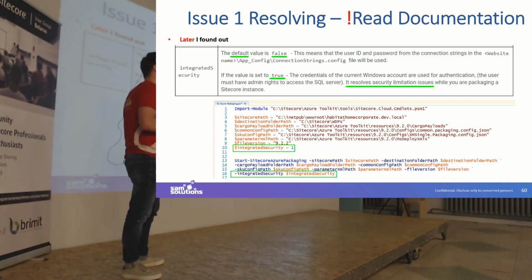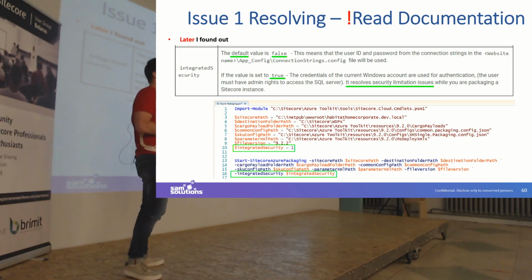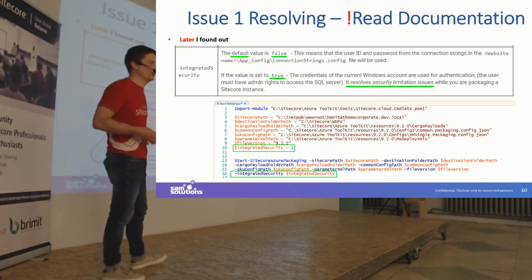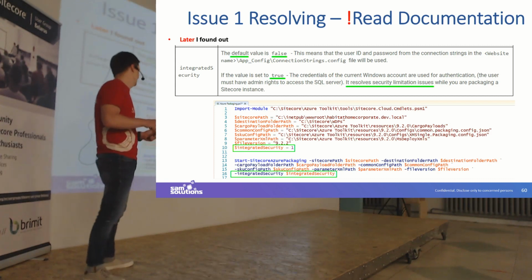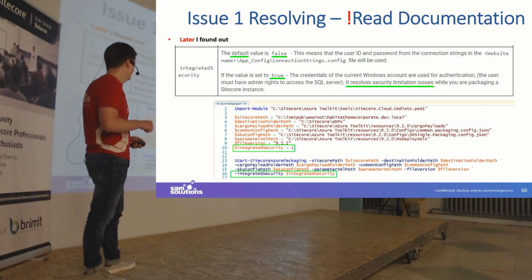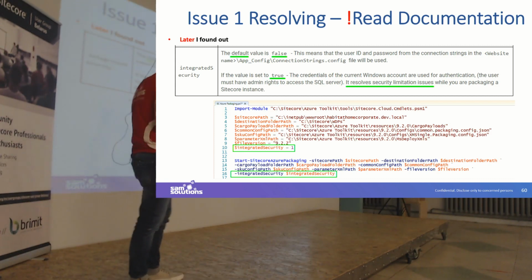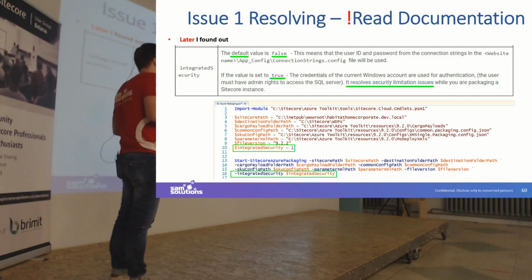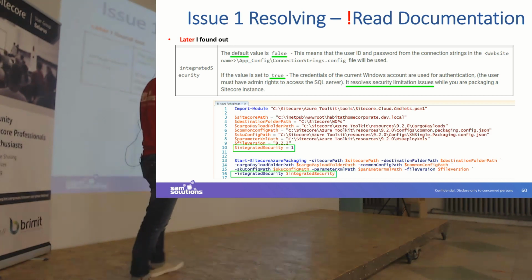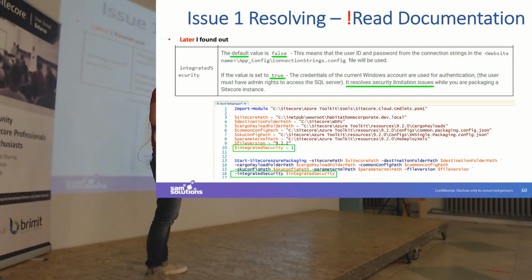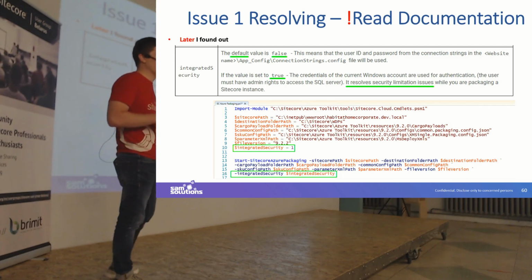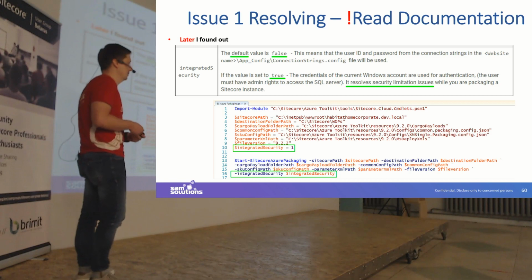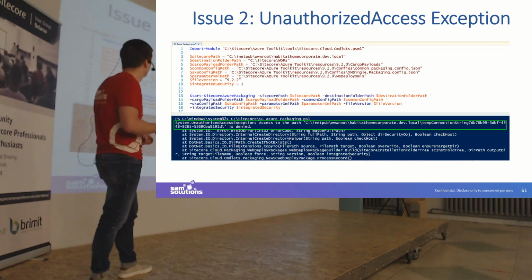So it means that I, as a Windows user, have administration rights. And before I fixed it, I came back and omitted this parameter, and I successfully packaged my local web deploy package. So be careful with the documentation, because sometimes there is very important information there.